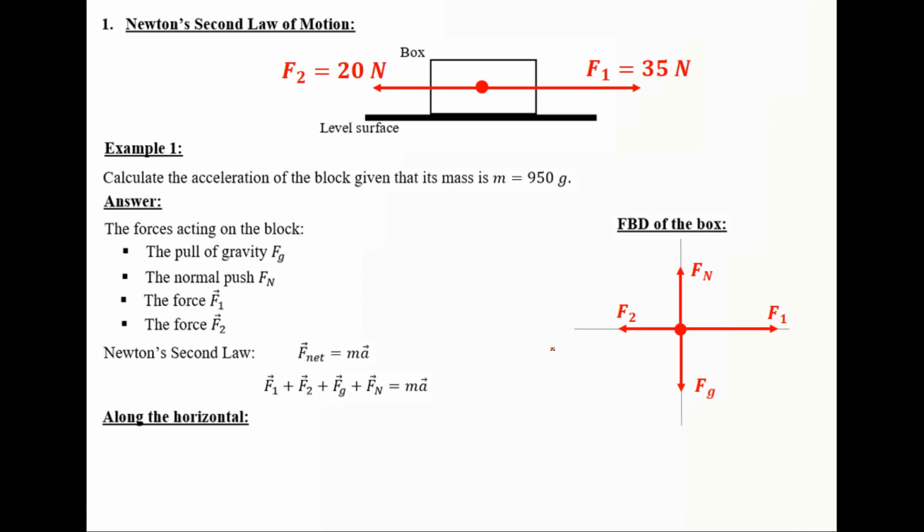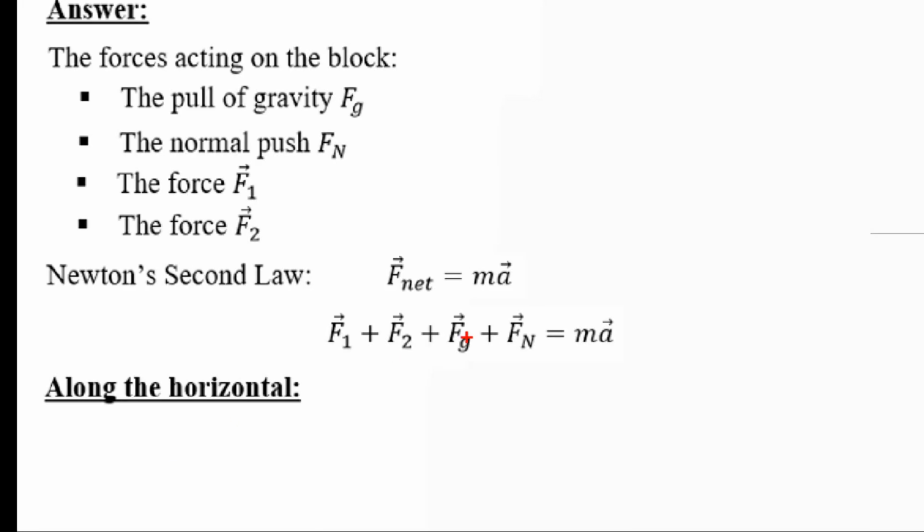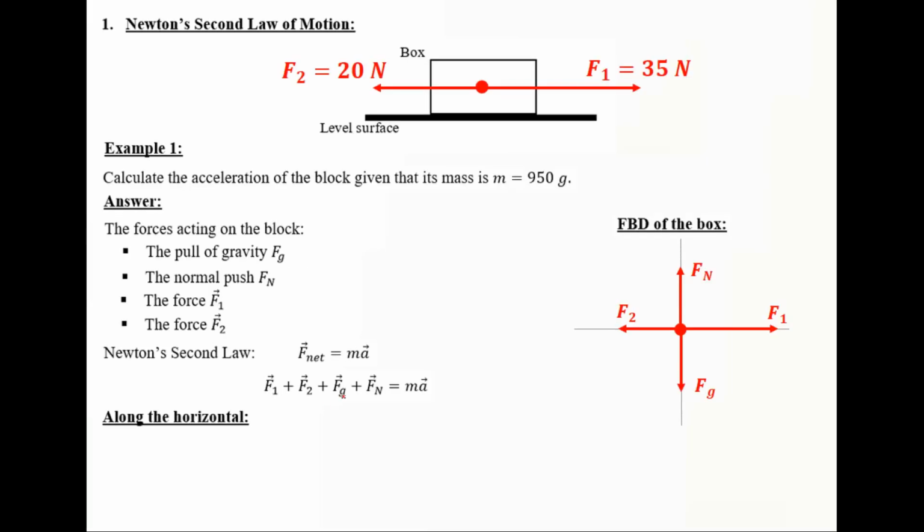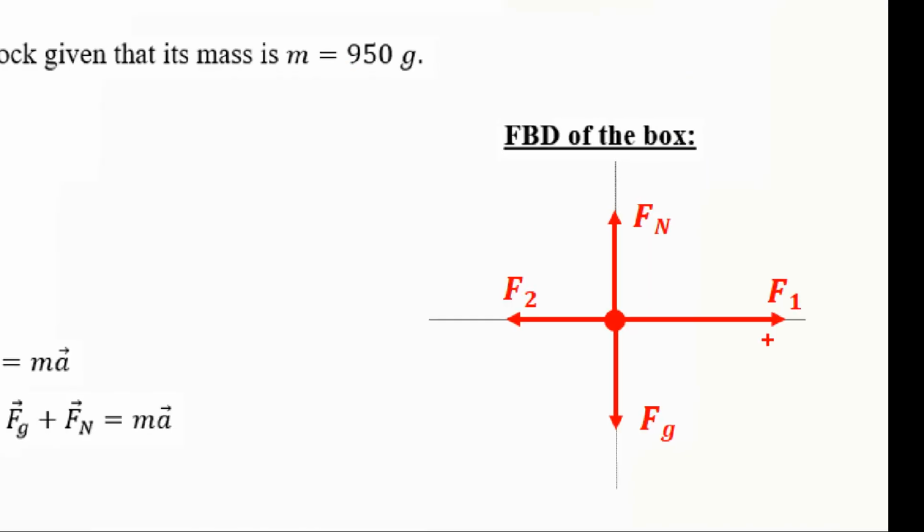Now we're going to project this equation. As we said previously, this equation gives birth to two other equations, and this is done by projecting it either along the horizontal or along the vertical. Along the vertical won't give us any information, because the pull of gravity is balanced by the normal push in this case.